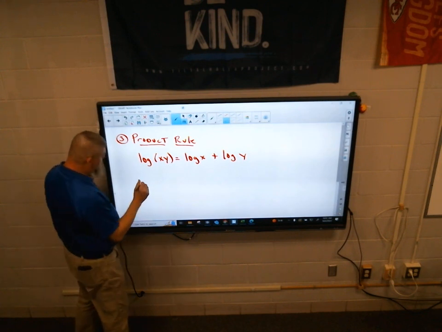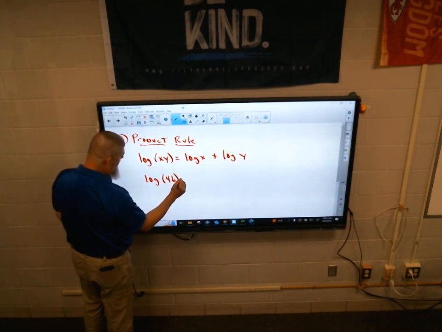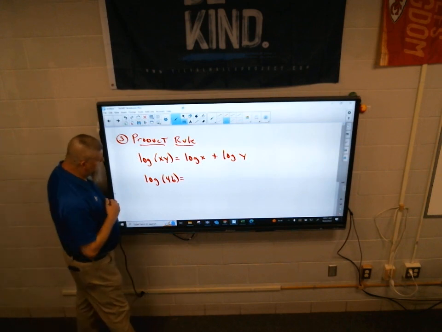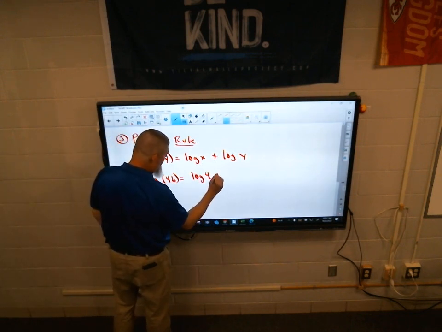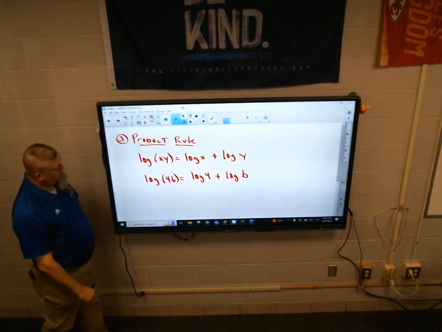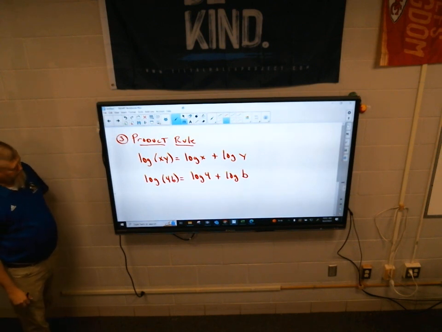So an example. The log of 4b. Well, that would simply break into the log of 4 plus the log of b. You simply break apart the product into 2 separate ones.